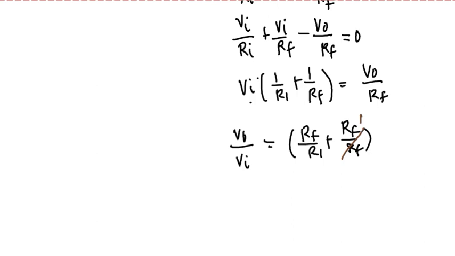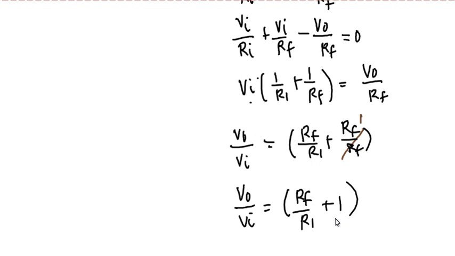So the gain, VO all over VI, is equal to Rf all over Ri plus 1. This now is our formula for the gain of our non-inverting op amp.